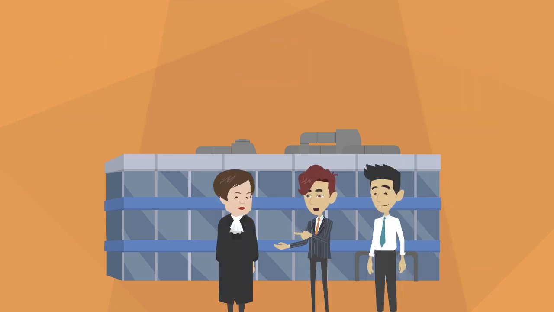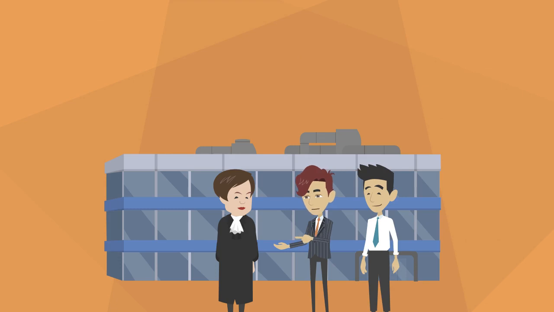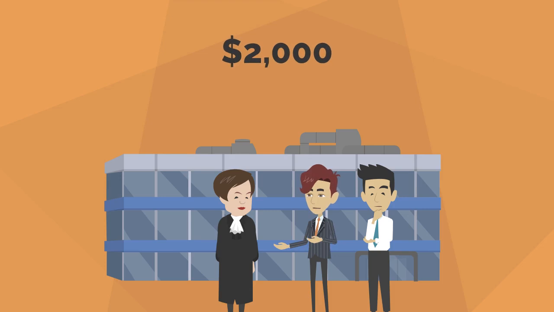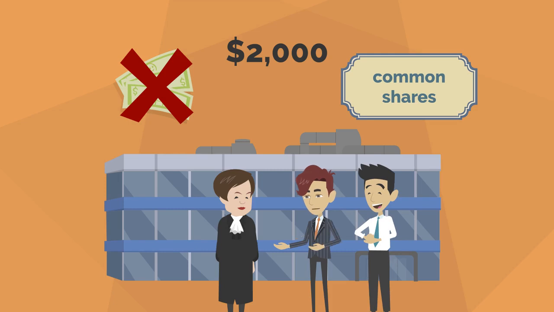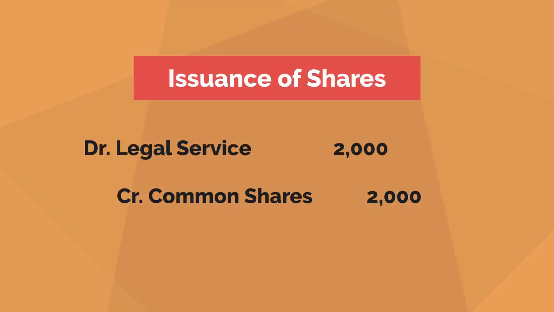Maybe you are the CEO of a company and need legal counsel, but you're short on cash. Instead of paying your lawyer $2,000 in cash, you might issue them $2,000 worth of common shares for your company instead. Because such services are still assets, this transaction will still keep our accounting equation balanced.